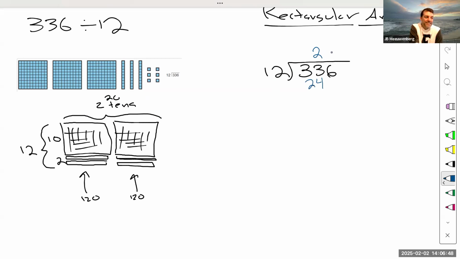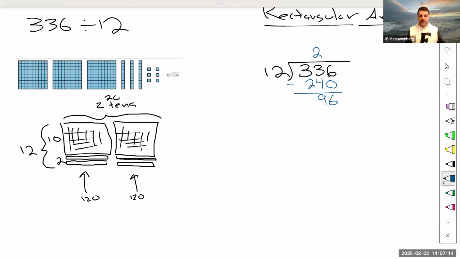Because there's a 0 there that I didn't write, technically we're subtracting 240 to see what we have left from this original group. And that would be 96. Some people like to just subtract the 9 and then bring the 6 down. That's okay. I think this illustrates really what's happening a little bit better.